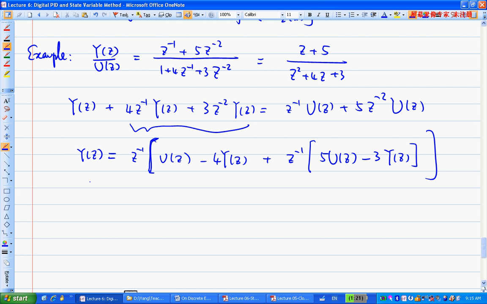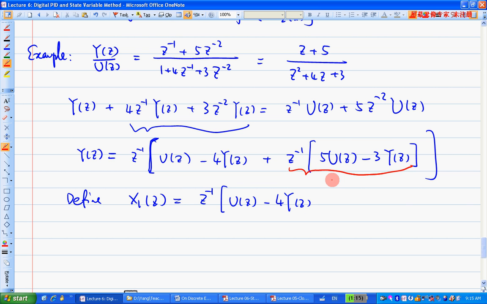Okay, so now I'm ready to define my state variables. We're going to define x1 of z equal to z to the power of negative 1 u of z minus 4y of z plus x2 of z, where we call this whole piece right here x2 of z.